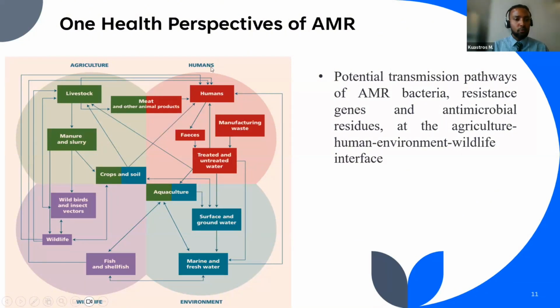It could be, for example, from livestock to humans, through food sources or food animals, through contamination or the environment, such as contaminated water. And in the case of wildlife, there is also interconnectedness. So the One Health perspective of AMR is really important, and it's one of the instruments to address the issue of AMR.